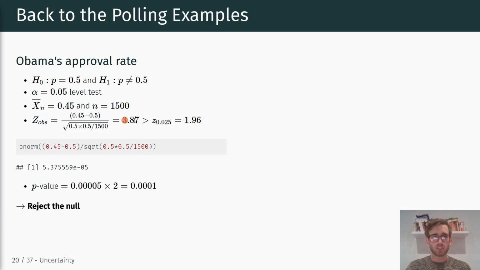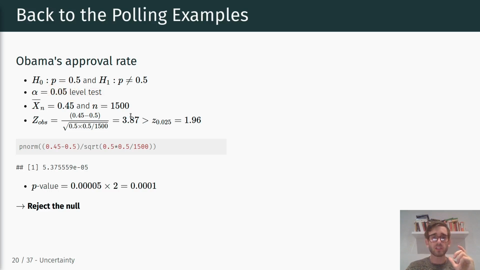So just by looking at these two different values, we can say that this z-score that we observe is larger than 1.96. So we're rejecting the null hypothesis at the 5% significance level.